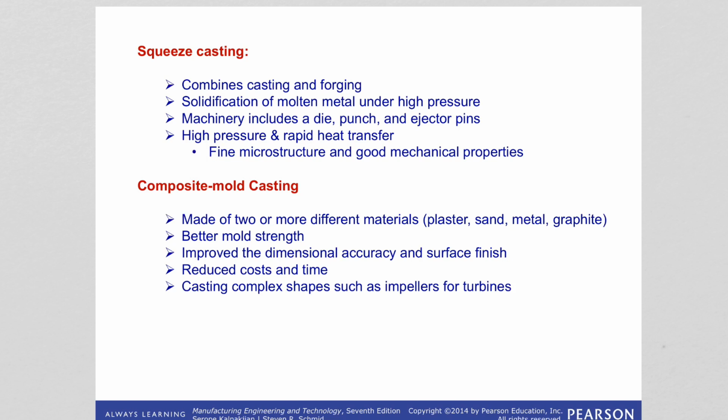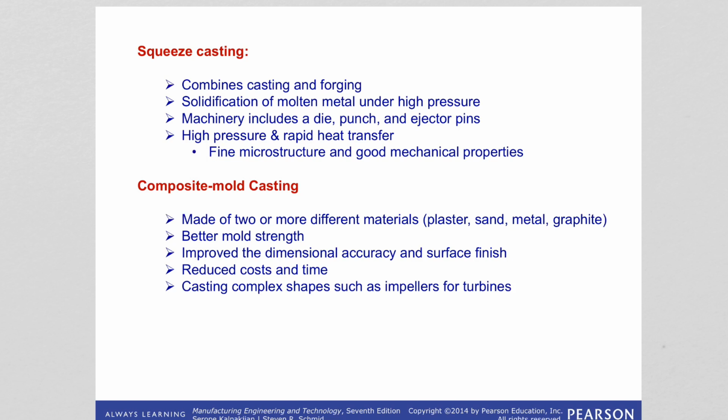Well, composite mold casting. Remember we learned about permanent mold casting, expandable mold casting, and there was also composite mold casting, which is basically where two or more different materials can be used to prepare the mold, like plaster, sand, metal, graphite. This way you can change the properties of the mold. You can get better strength, improve dimensional accuracy and surface finish.